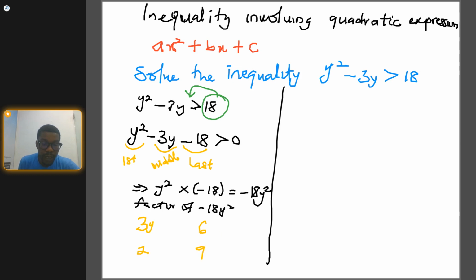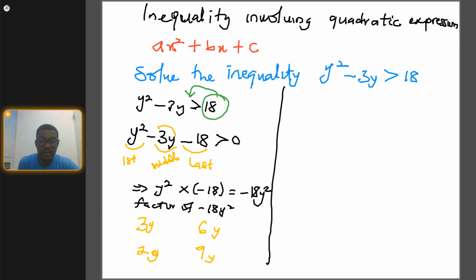If you are adding two of the factors together, you must get the middle term. So which of the factors can we use? Is it 3 and 6 or 2 and 9? Then which of the numbers will be having minus? Is it 3 or 6? Because when you add it together, you must get minus 3y.